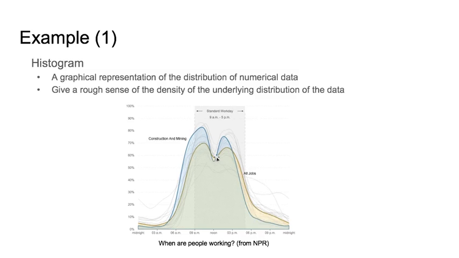You can also see that there is a dip here for not just construction and mining workers, but pretty much all the other jobs. And perhaps that's the lunch hour, when fewer people are working. I mean, there's still a good number of people working, but it drops from that 80% to about 50%.